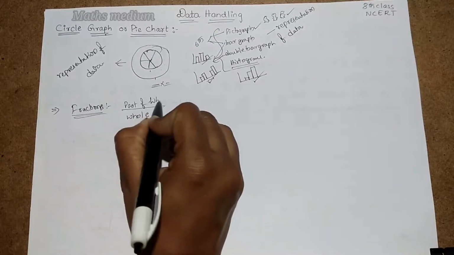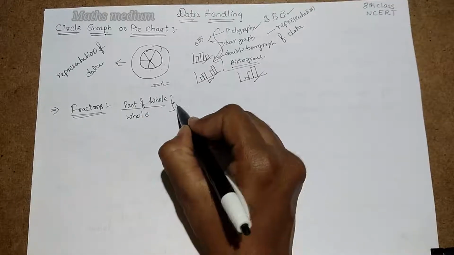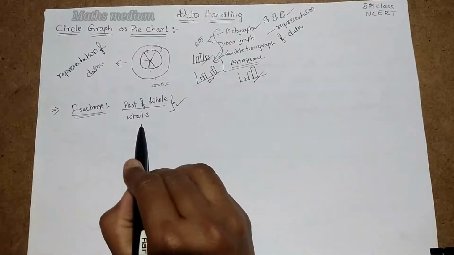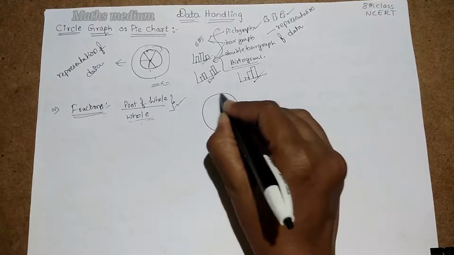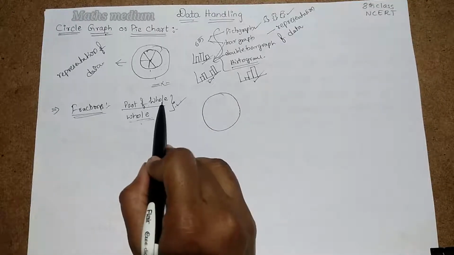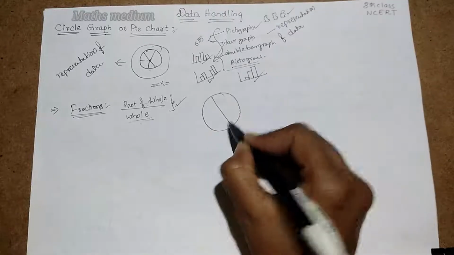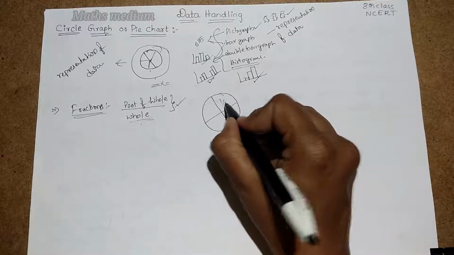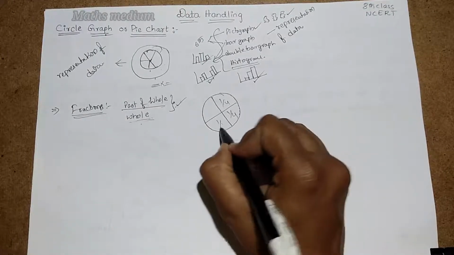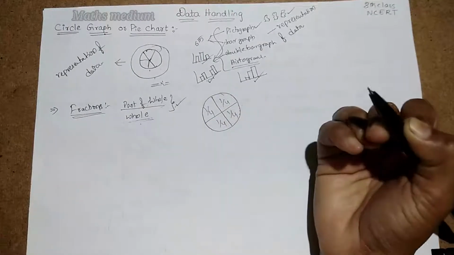This is a simple representation of a fraction, right? Here the whole is nothing but a circle. Part of a whole is how we represent it in a circle. For example, this is 1/4 and this is 1/4. This is 1/4 of the circle. This is 1/4 of the circle.